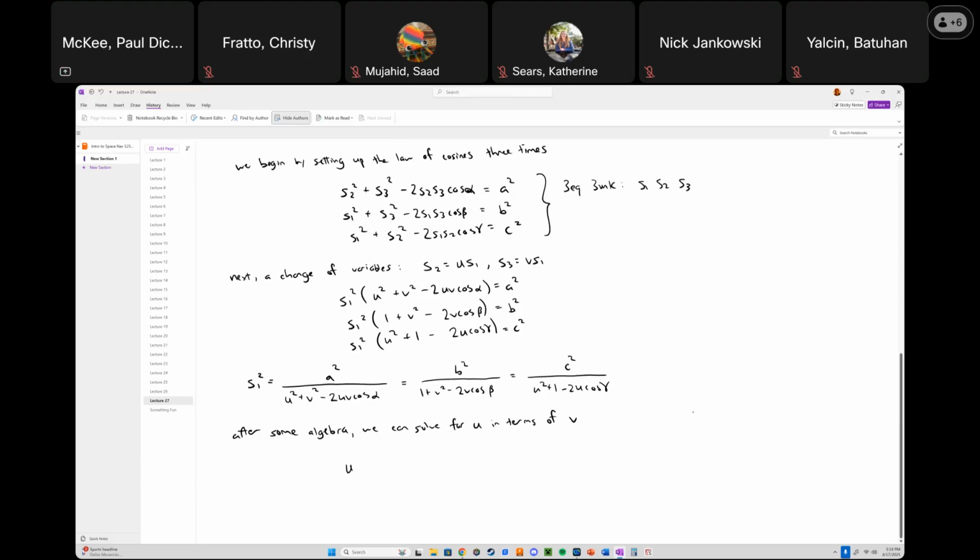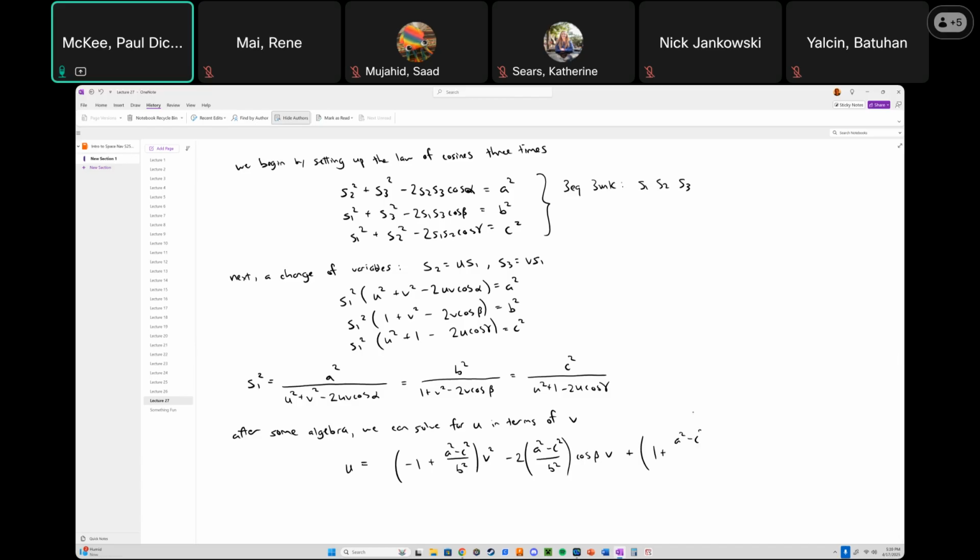And what we end up with is U is equal to, here we go, negative 1 plus A squared minus C squared over B squared, times V squared, minus 2, and then in parentheses, A squared minus C squared over B squared, times cosine of beta times V. And then we have plus, and then in parentheses, 1 plus A squared minus C squared over B squared.